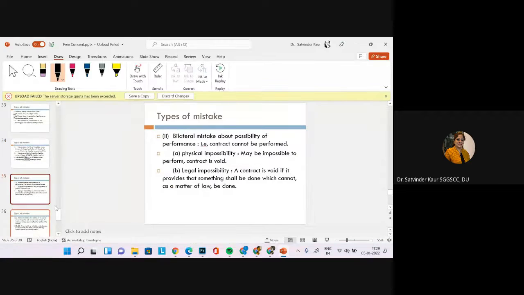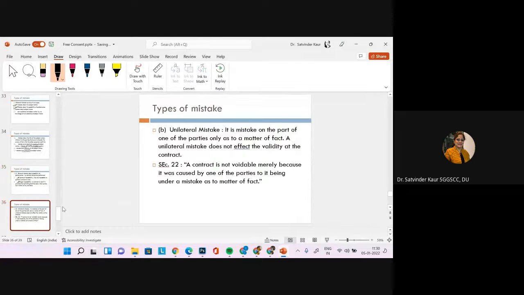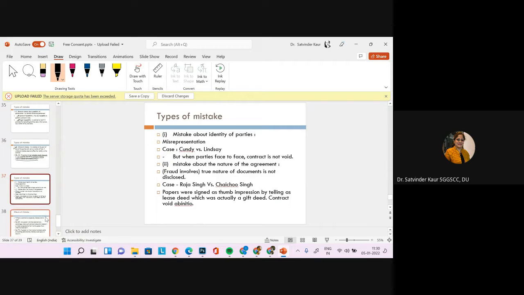And bilateral mistake about possibility of performance, we have already discussed: physical impossibility and legal impossibility. And unilateral mistake is where one party is at mistake, but the contract is not voidable merely because it was caused by one of the parties being at mistake as a matter of fact. Then the type of mistake is the identity of parties.